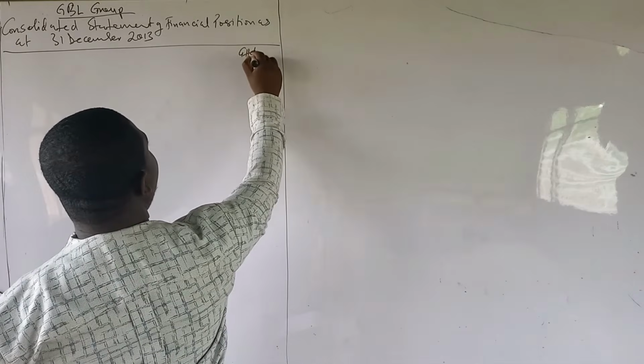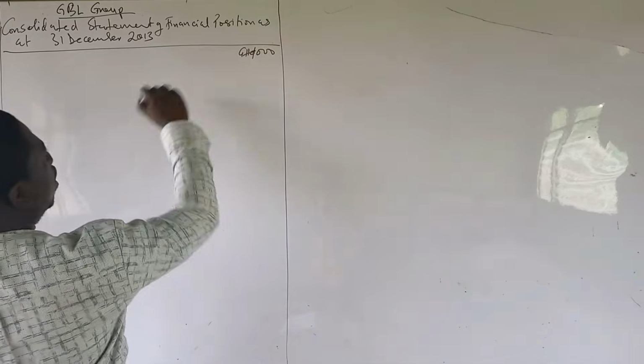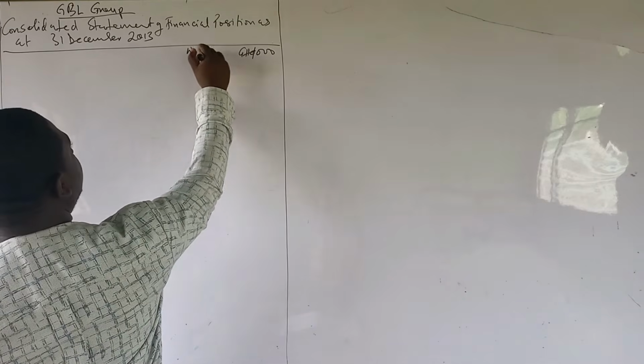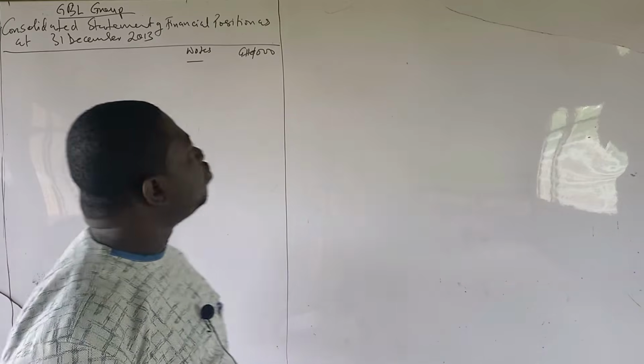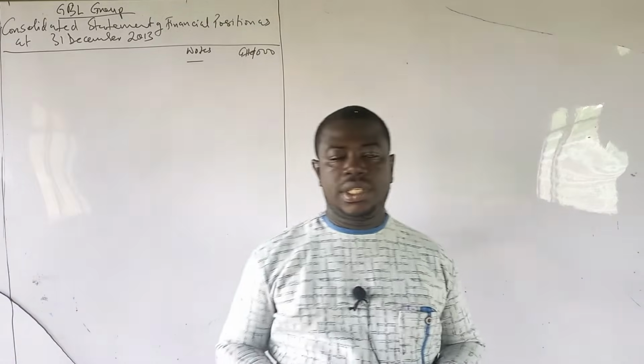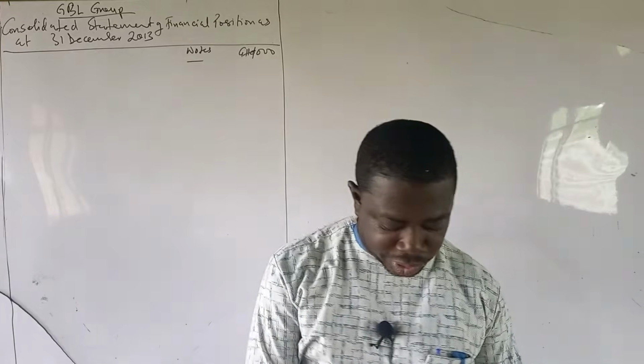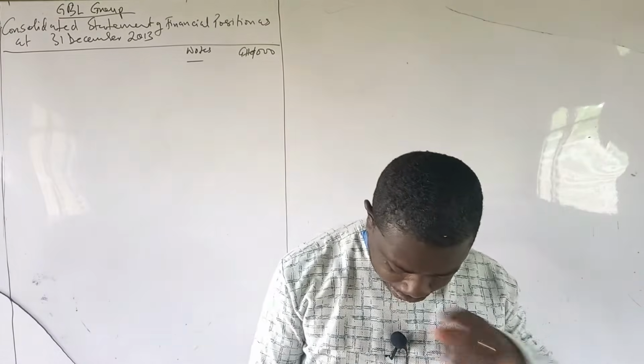Let me bring my 3 zeros up and then let me show my notes where necessary. So this is the consolidated statement of financial position, as easy as ABC.